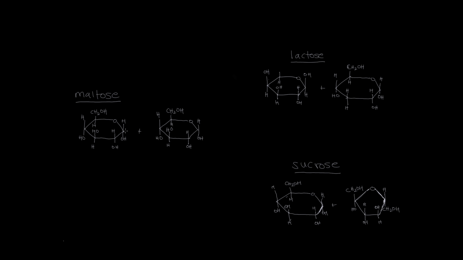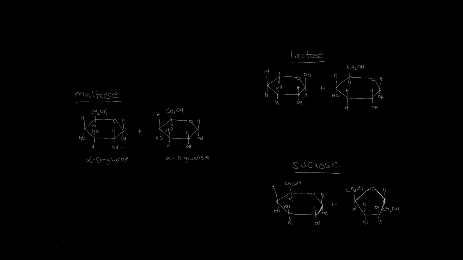So as an example, we can look at maltose, which is a disaccharide formed by the linkage of two glucose monomers. Specifically, they are alpha D-glucose, and so on this first carbon, we can see that a hydroxyl group lies below this carbon, and this is why we have the alpha configuration of this glucose.